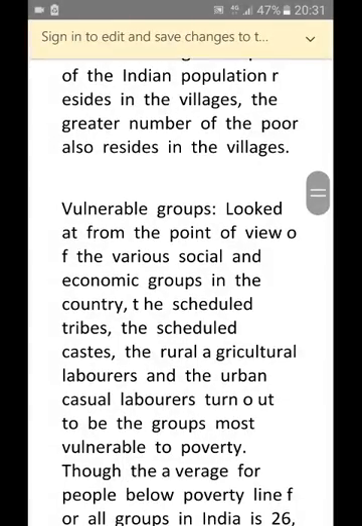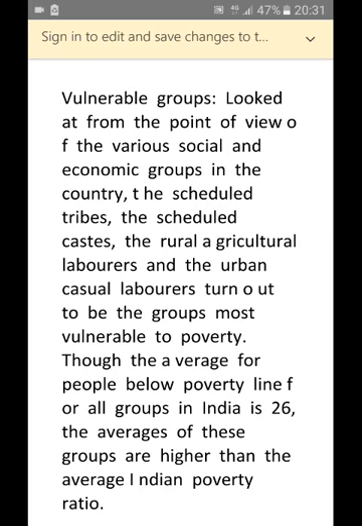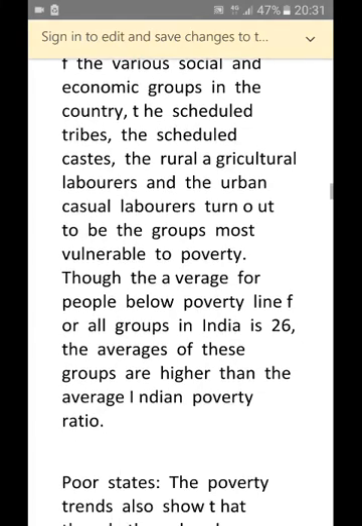Vulnerable groups. Here we need to understand the notes rather than just writing them. Looked at from the point of view of the various social and economic groups in the country, the Scheduled Tribes, the Scheduled Castes, that is SC, ST, the rural agricultural labor, and the urban casual labor turn out to be the groups most vulnerable to poverty.